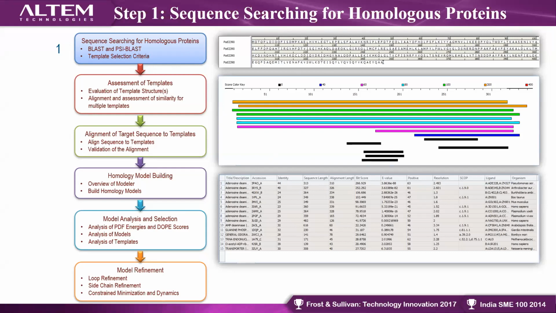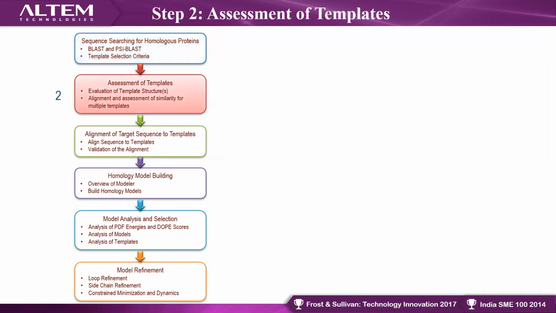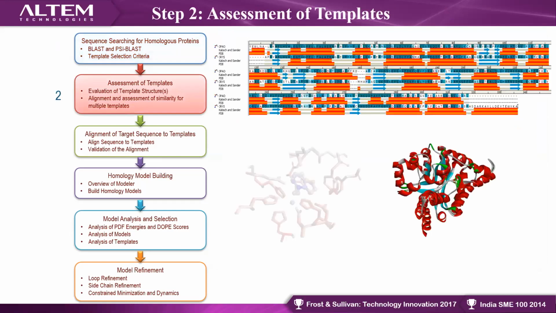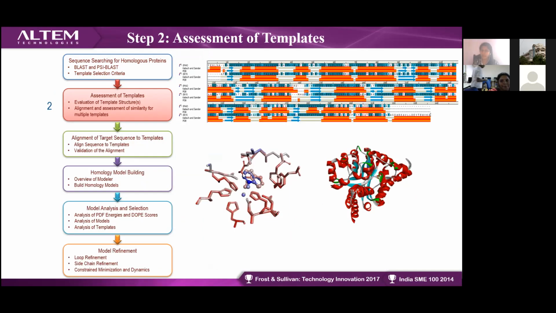Say for example, the next step for homology modeling is you have to assess your template. How will you assess your templates? You will assess your templates based on the assessment of similarity as well as multiple templates.